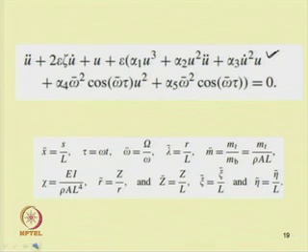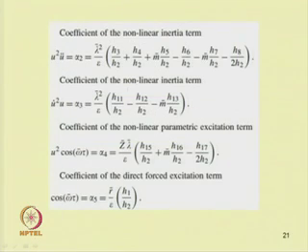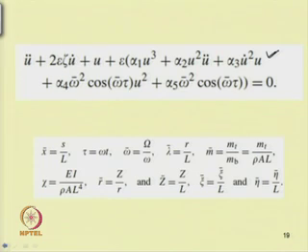After finding this temporal equation, one can see the coefficients can be written in this form. For example, one has the linear term u double dot, and this is another linear term, but all these other terms are nonlinear terms.